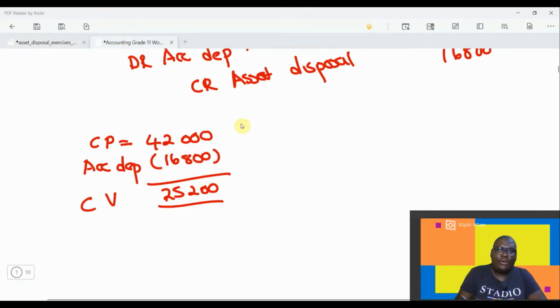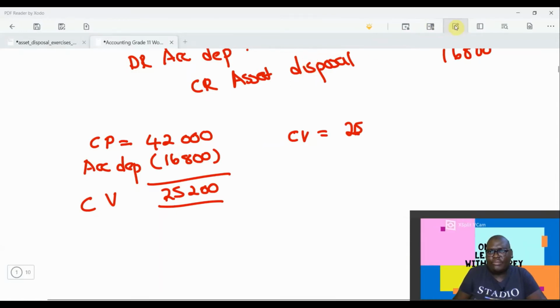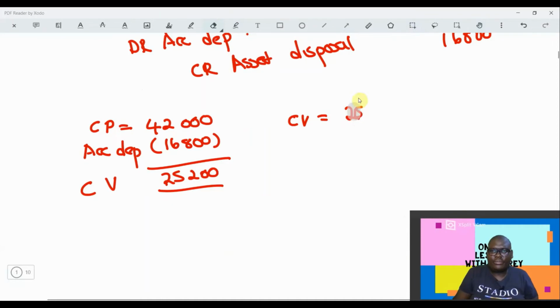Okay, now we know our carrying value. Let me just erase so that we can have clean work. When you do this, you must show your workings.